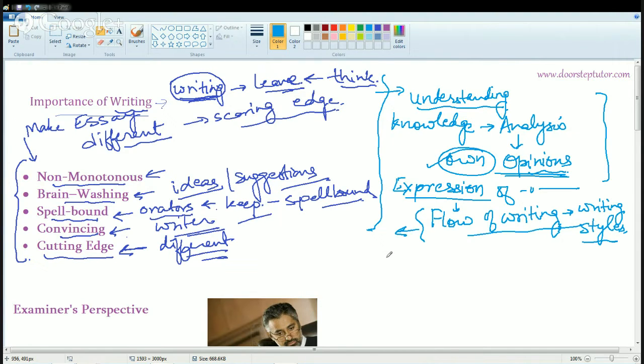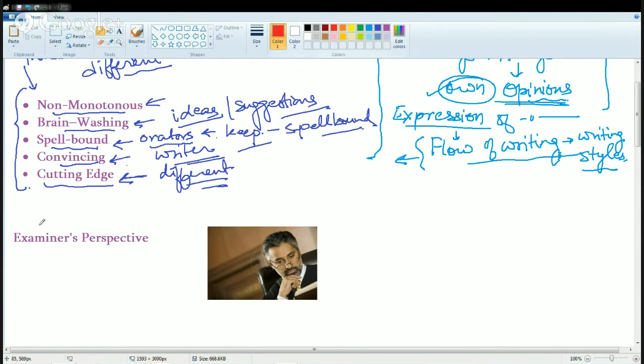Now, the most important section that we would be talking about today is an examiner's perspective. Consider an examiner who is checking more than 1,000 copies in a day.